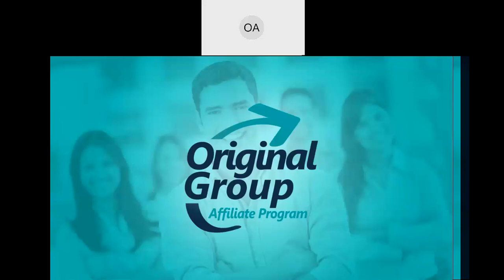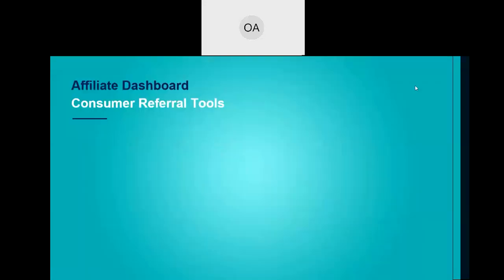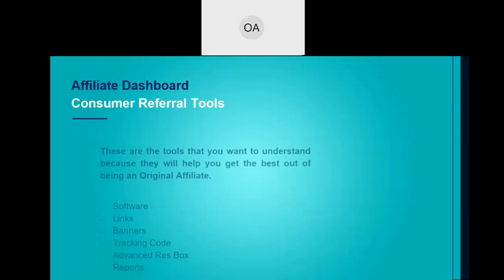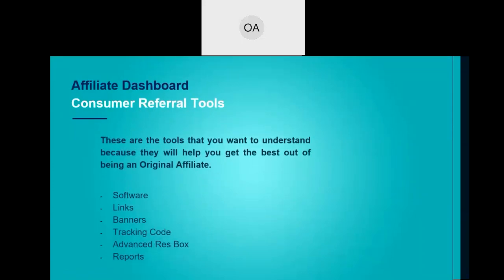Today's topic will be your consumer referral tools. To access your consumer referral tools, you must sign into your affiliates dashboard. We've already been through what your dashboard looks like and where you can find your menu, but now I'll elaborate a little more on what our software consists of.